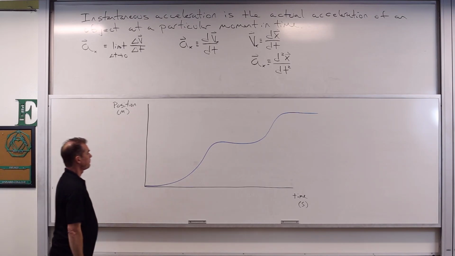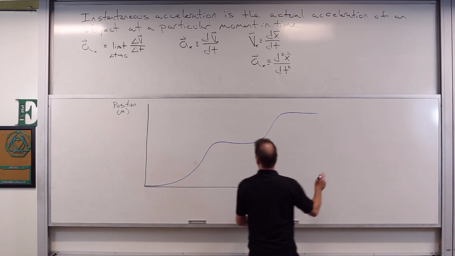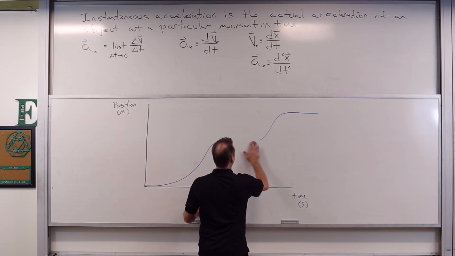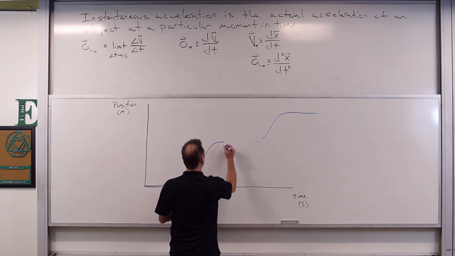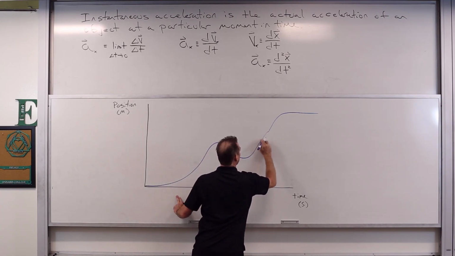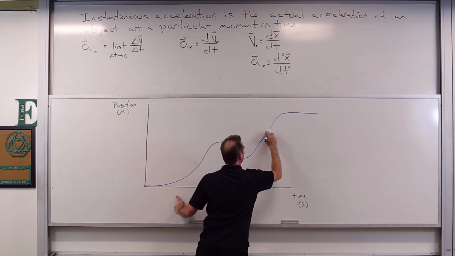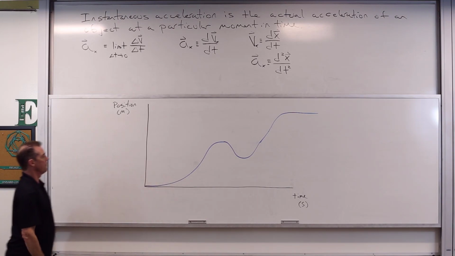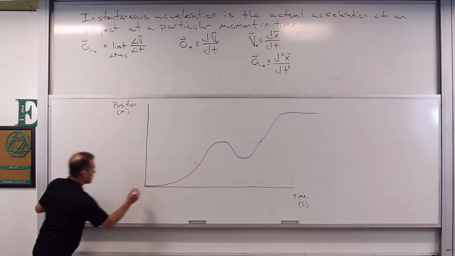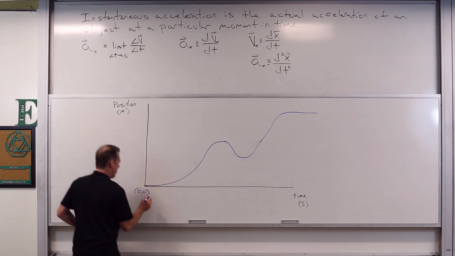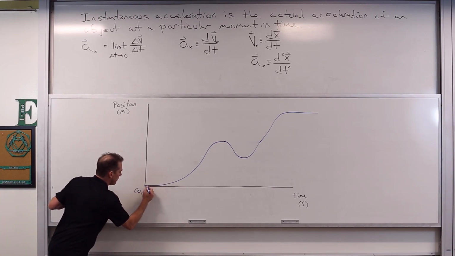So let me do a little bit more here and change this just slightly. Nice little dip in it. There. We'll take something like that. So we're going to start here. The origin here is our 0, 0 here. T equals 0. We're right there.